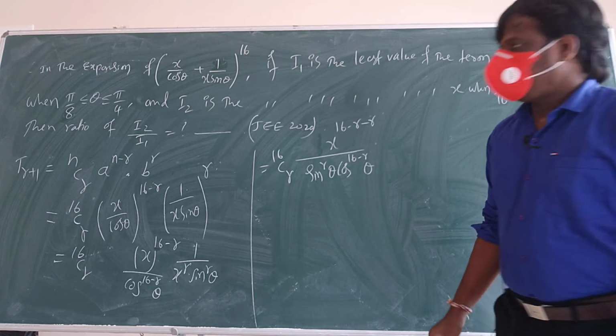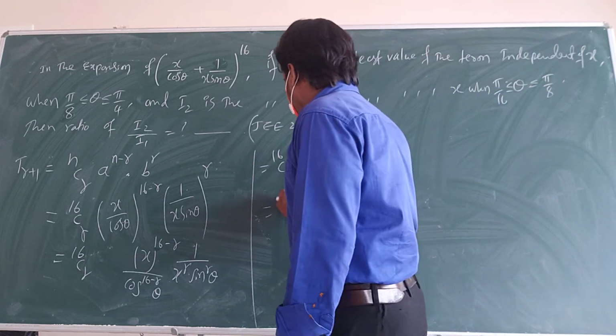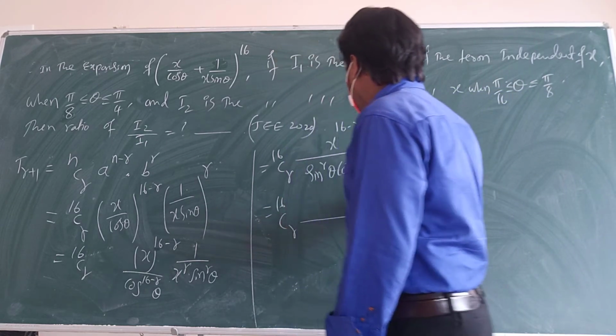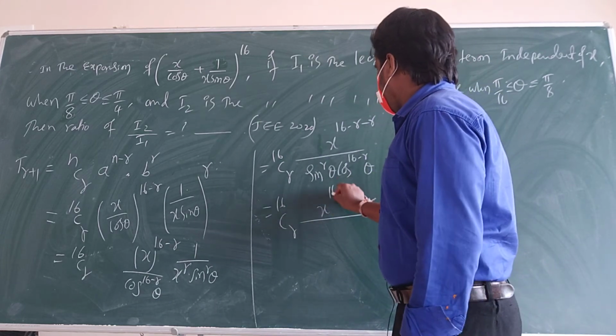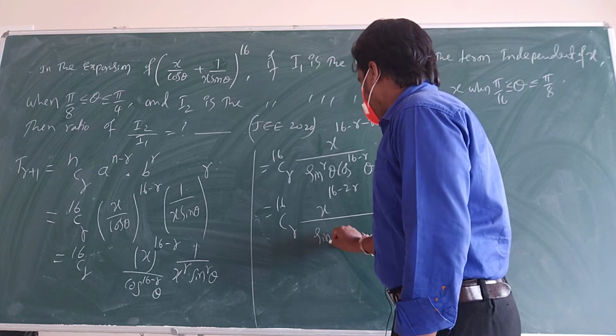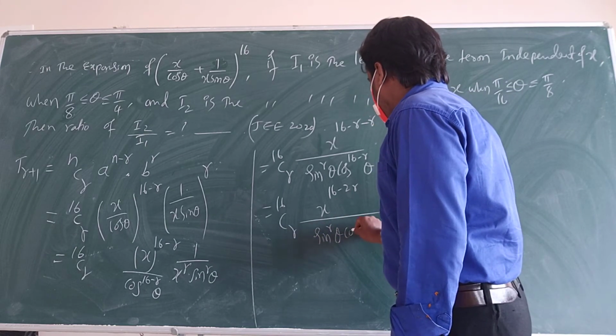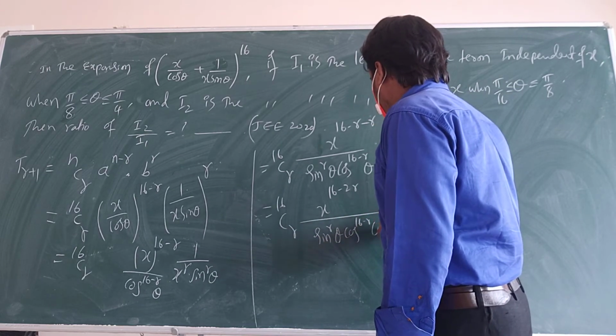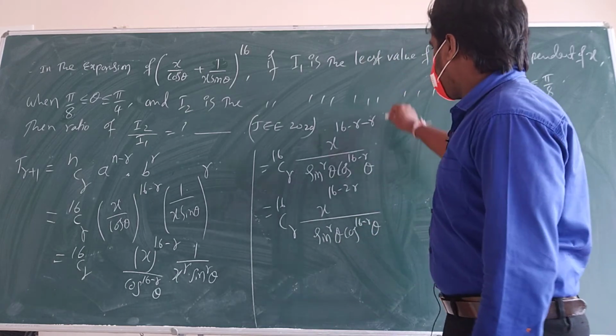Correct? So what do I get here? 16Cr x to the power of 16 minus 2r, and sin power r θ into cos power 16 minus r θ, right?